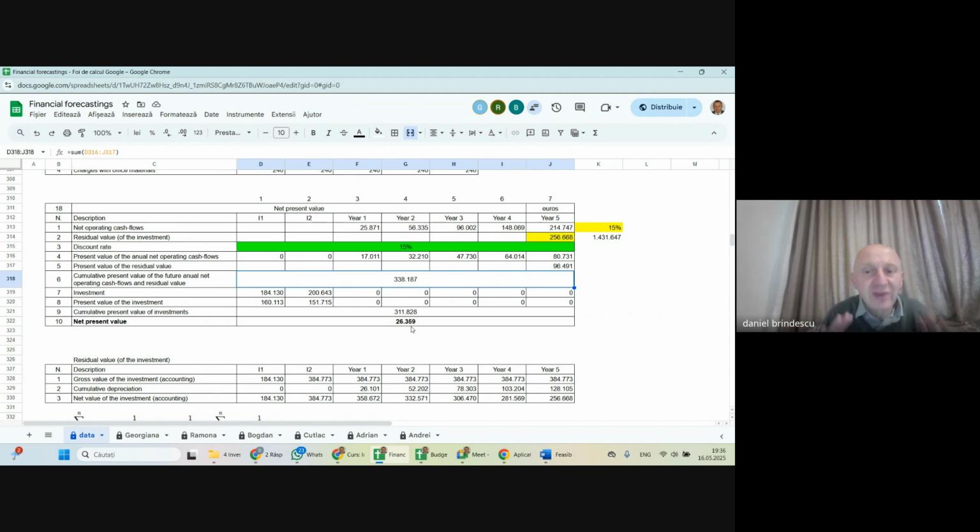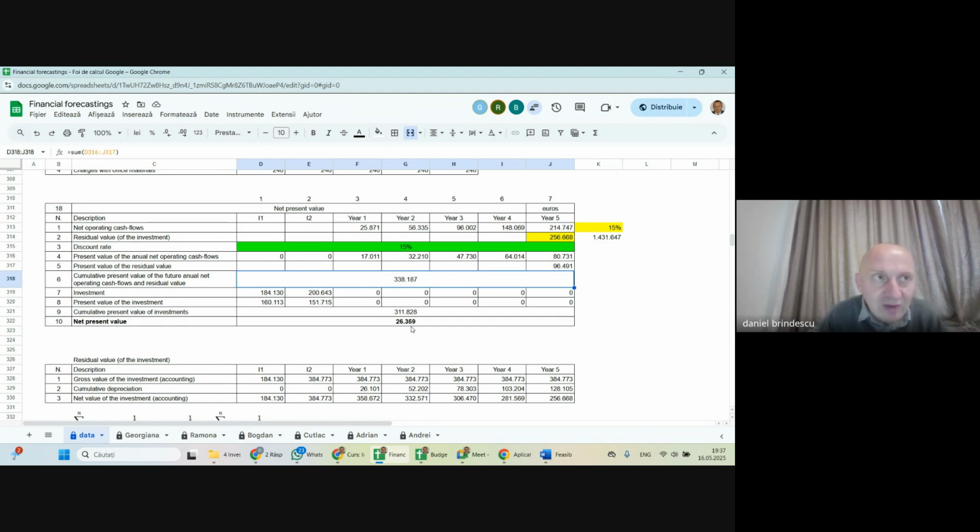So the return that satisfies us. So we get our capital back plus the expected return. So if the net present value is 0, we get what we want, so we do the investment. The decision is do the investment if the net present value is 0.